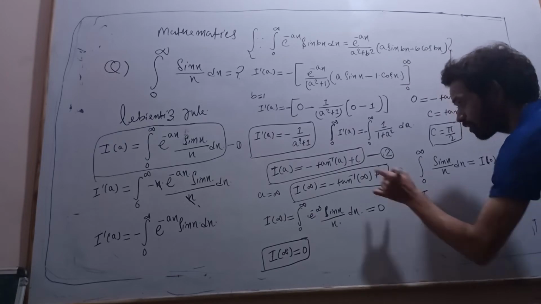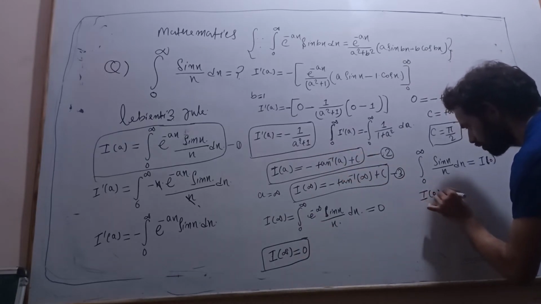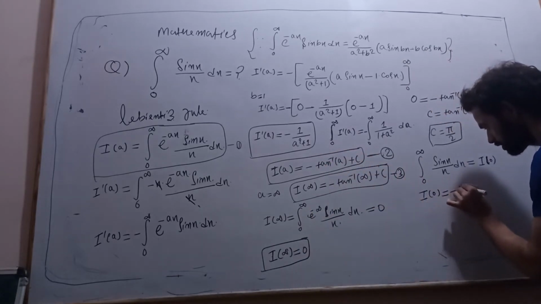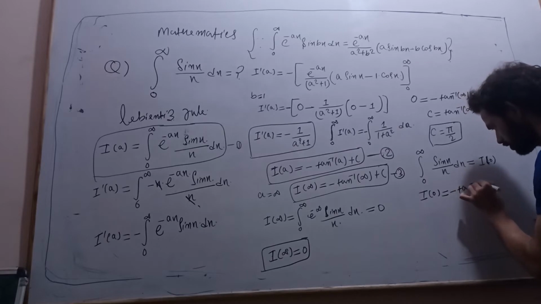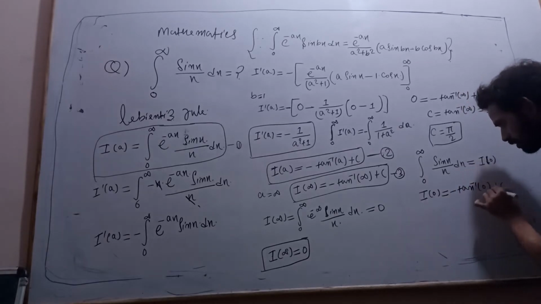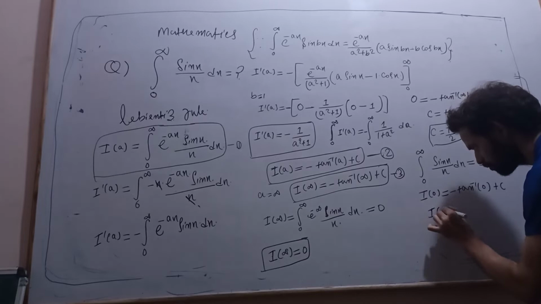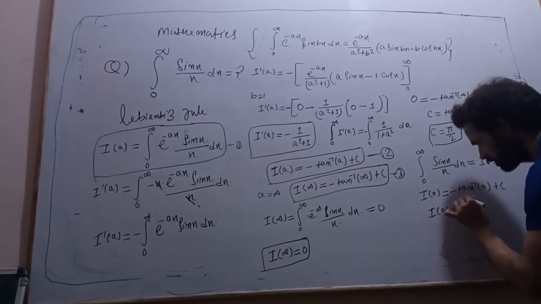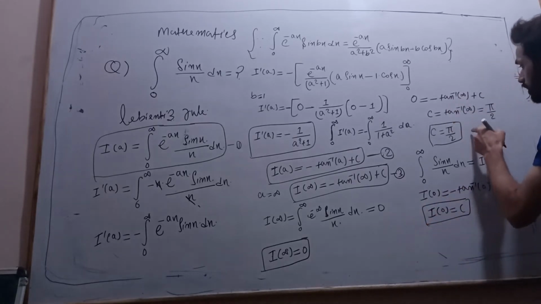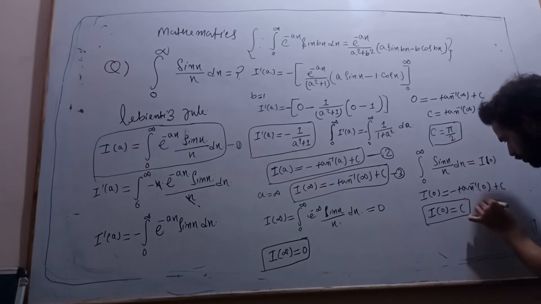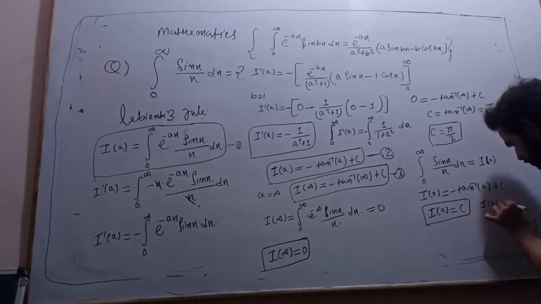What we will get is I of 0 is equal to minus tan inverse 0 plus c. So I of 0 is nothing but c. And what is the value of c? Here c is equal to pi by 2. So I of 0 is nothing but pi by 2.